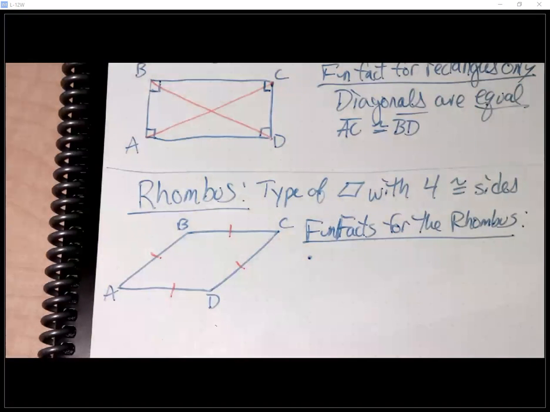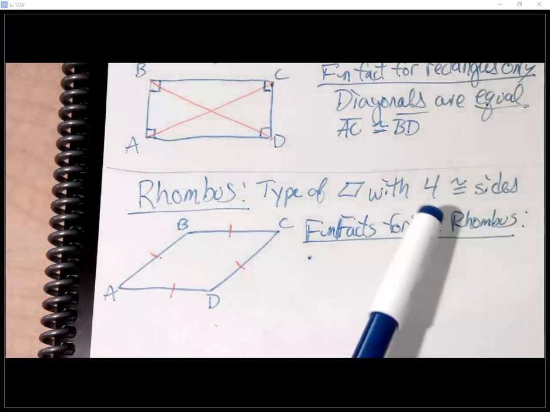All right, so besides having 4 congruent sides, fun facts for the rhombus.